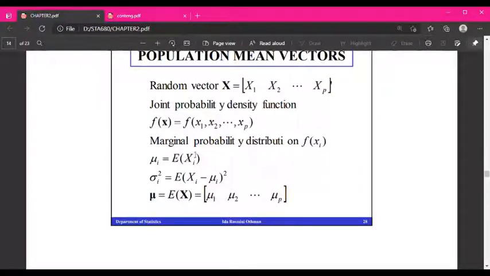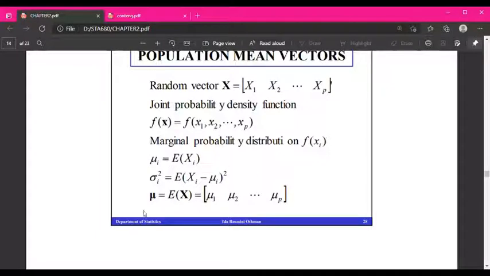So the marginal PDF will be f(xi). We can separate it: this one is joint, this one is marginal. From there we can also find the mean and the variance for each of these random variables.